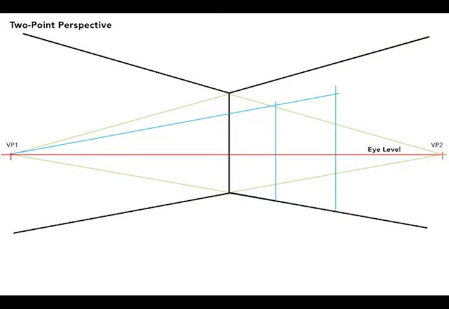Now we will draw the base of the cabinet or the bookcase on the floor. Have a line that goes through the first point from VP2 and a second line from VP2 passing through this corner.